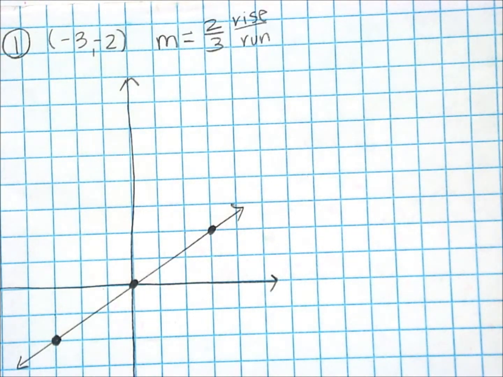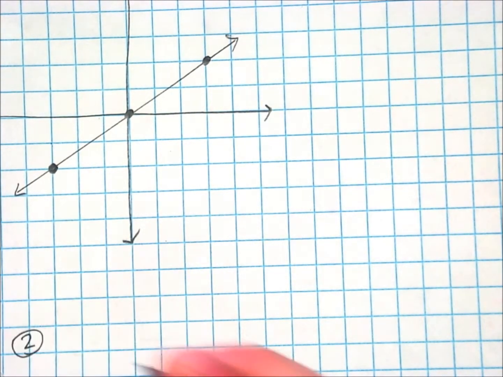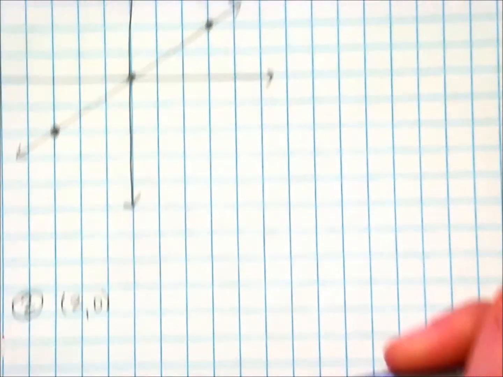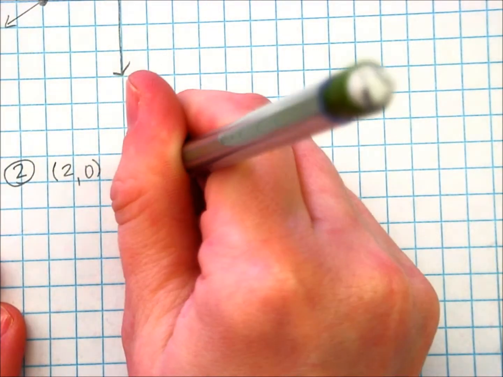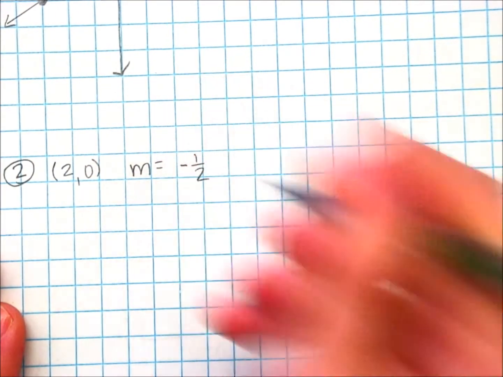Let's try another problem. Let's try number 2. So this time my point is 2, 0. And my slope, it says it's -1/2. On my paper, it wrote the slope like this.